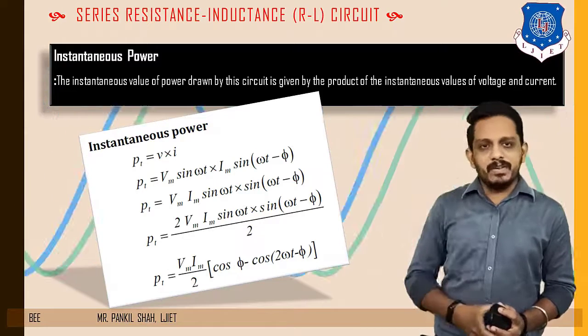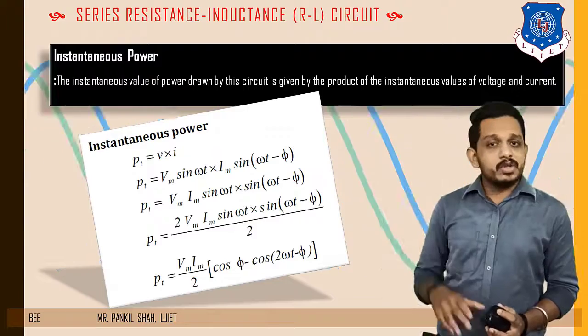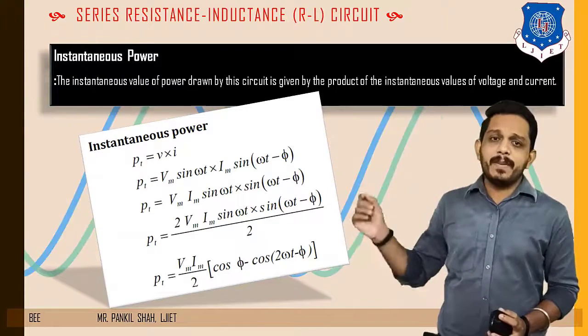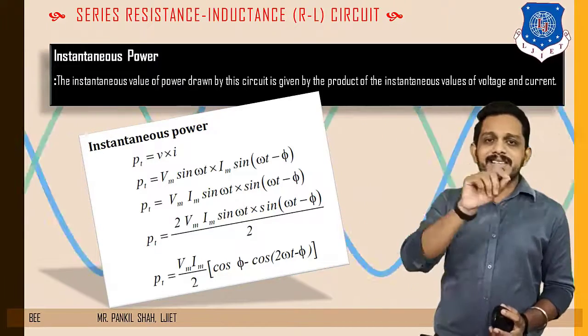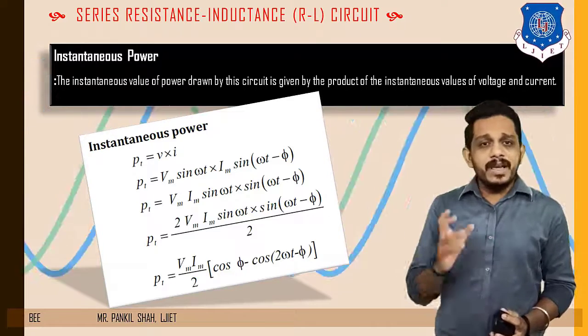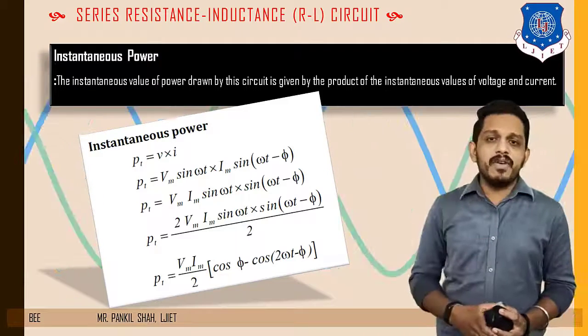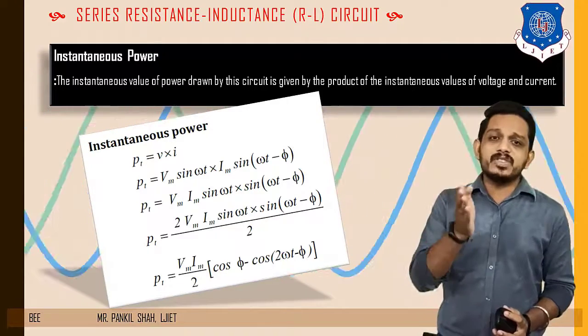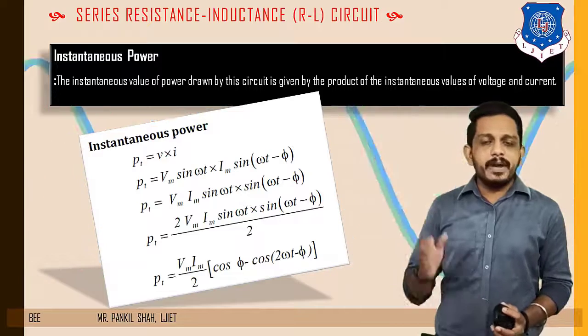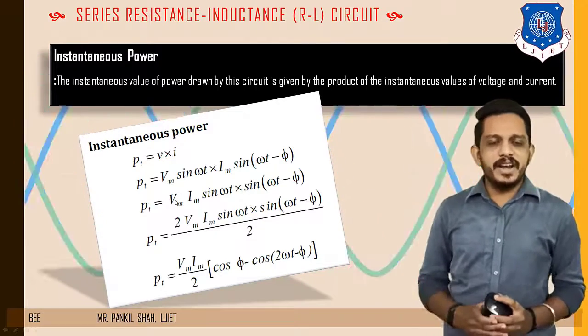So omega t cancels out, and in the first cos term it will be only phi. So it will be Vm Im by 2 times (cos phi minus ...), and in the next cosine term it will be the addition of angles, omega t plus omega t minus phi, so it will be cos(2 omega t minus phi). So this is the instantaneous power.